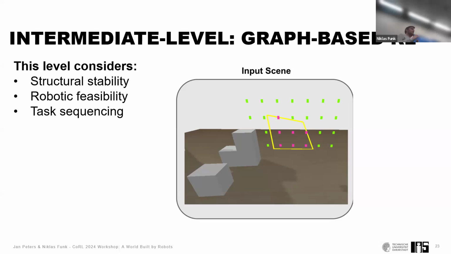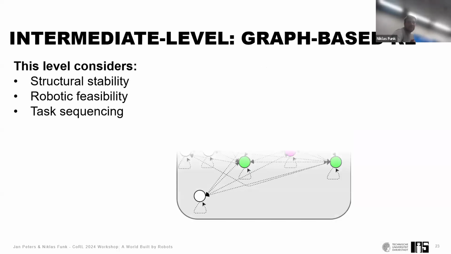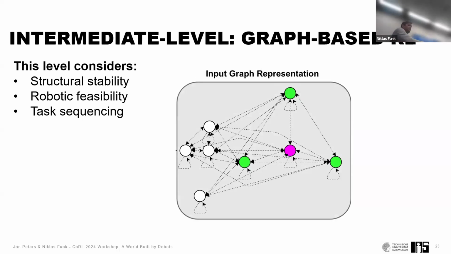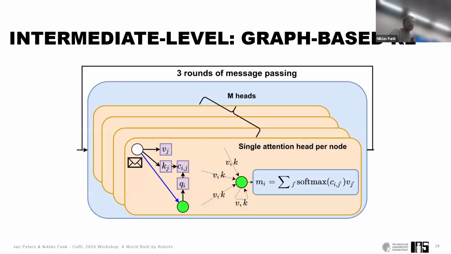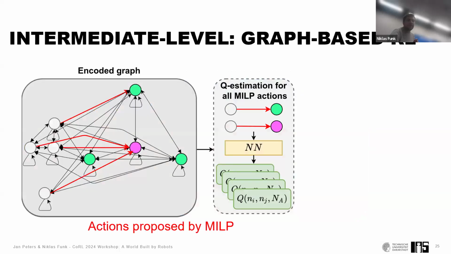But now, of course, to solve this task completely, we also need to consider structural stability, robotic feasibility, and task sequencing. And to capture these complexities, we again leverage this graph-based reinforcement learning framework, where as before, the input scene is transformed into this graph-based representation. Then we perform this message passing to obtain an encoded version of the graph.